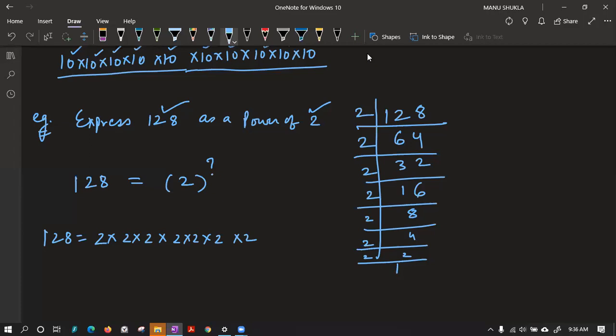Now we will count the number of 2's getting multiplied: 1, 2, 3, 4, 5, 6, 7. There are 7 twos getting multiplied, or we can say 2 is multiplying 7 times. So the answer is 2 power 7. That's it, where 7 is the exponent and 2 is the base.